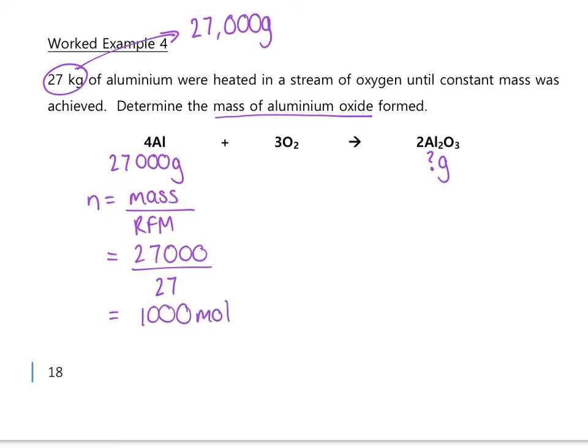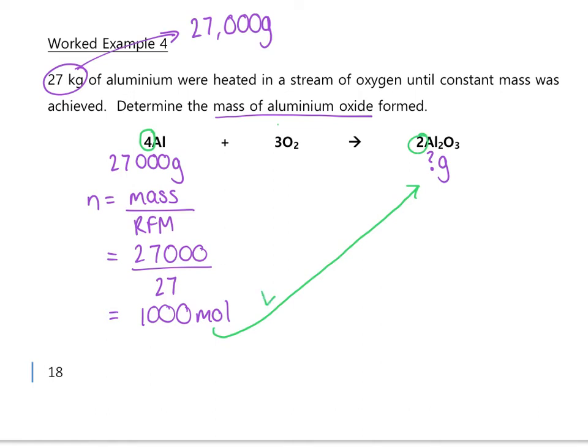Now that it's in moles, I can bring it to any part of the equation, but I want to bring it to the aluminium oxide. So I draw an arrow from my number of moles to the aluminium oxide, but I need to consider the balancing number ratios. You can see that my balancing number ratio is 4 to 2 in this case.